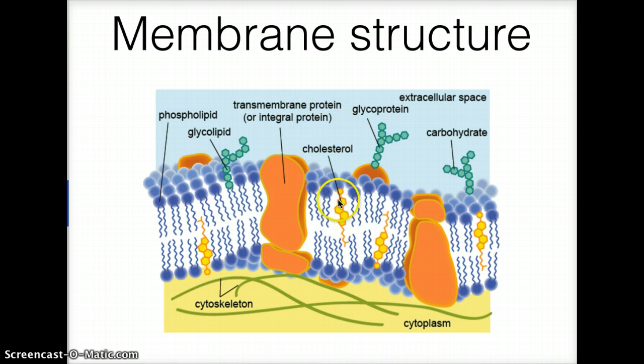Then we have the cholesterol in between. Then we have the cytoplasm down here. We have carbohydrates, and the extracellular space that I talked about, where the phosphate heads face the watery cytoplasm as well. And then we have the glycoprotein and glycolipid.